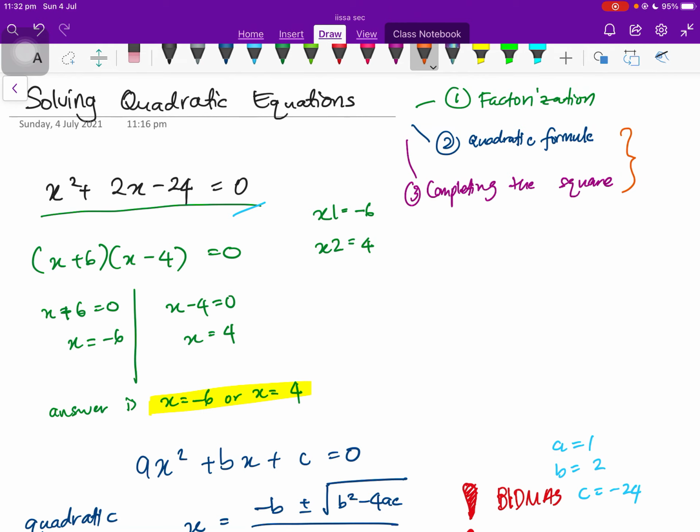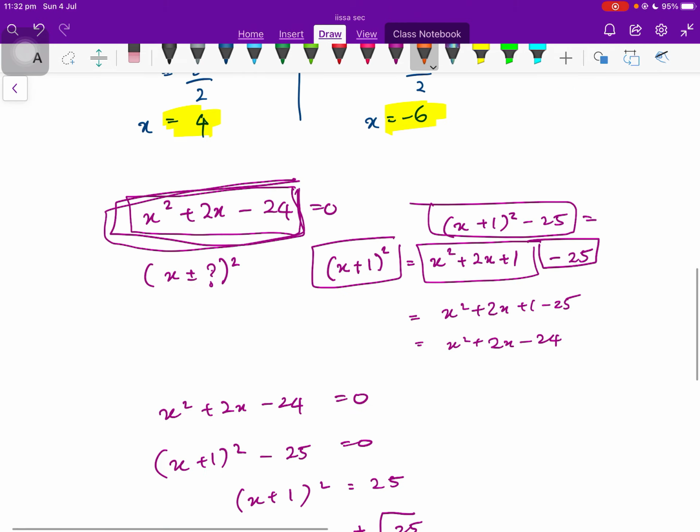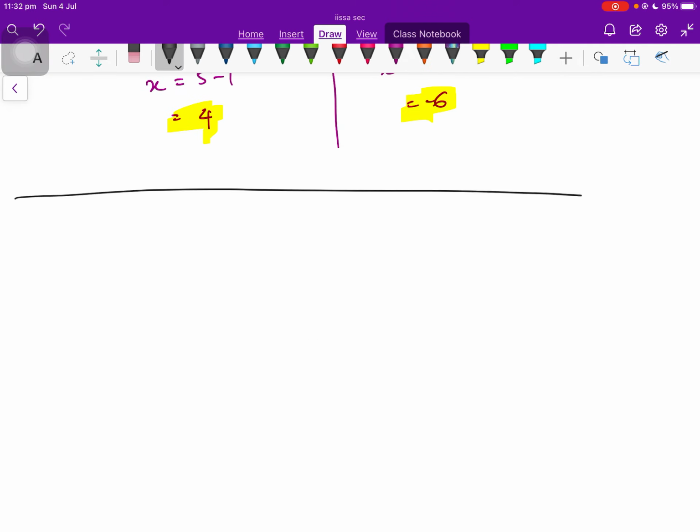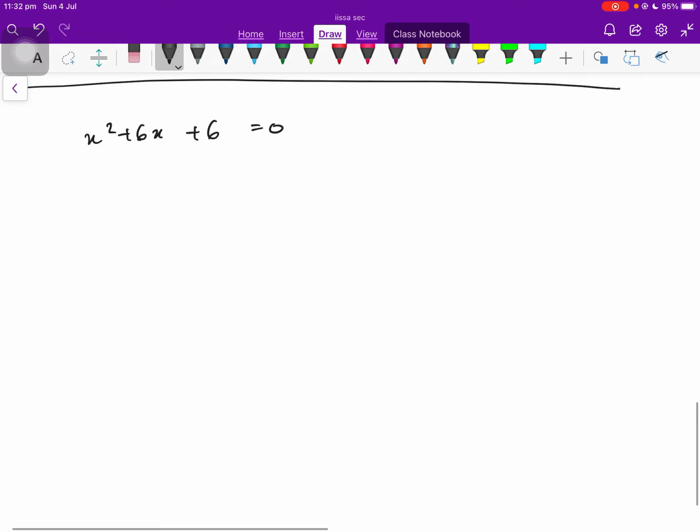That particular equation is x squared plus 6x plus 6 equal to 0. Let's divide this into two parts.